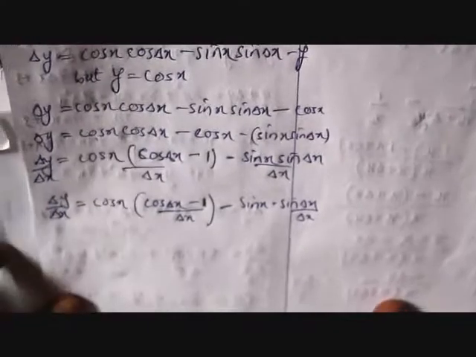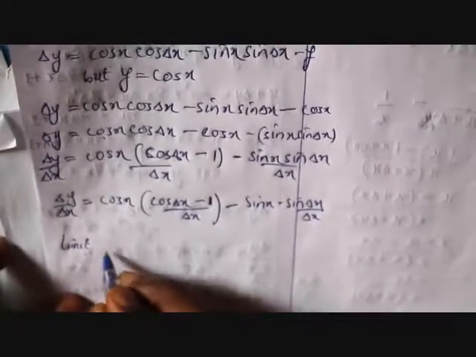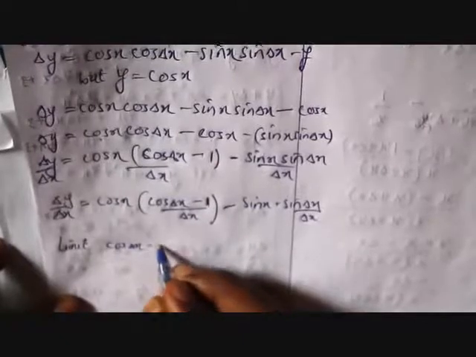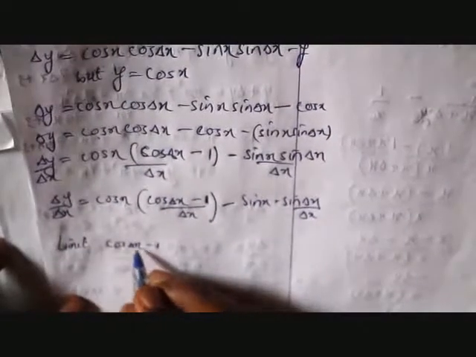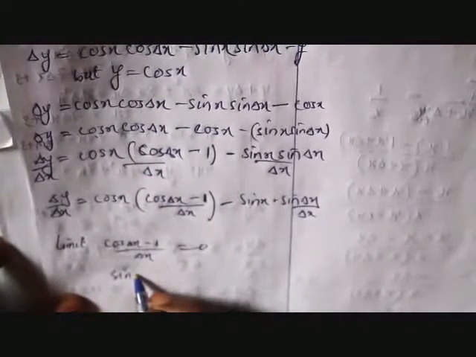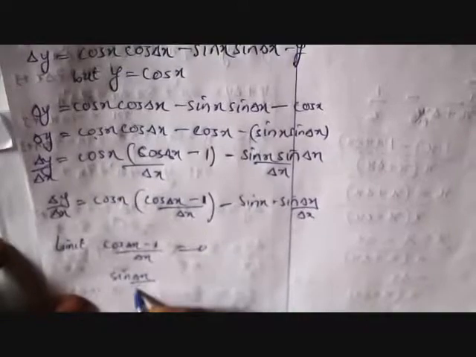But at the limit, (cos dx minus 1) all over dx is equal to 0, and sin dx over dx is equal to 1.